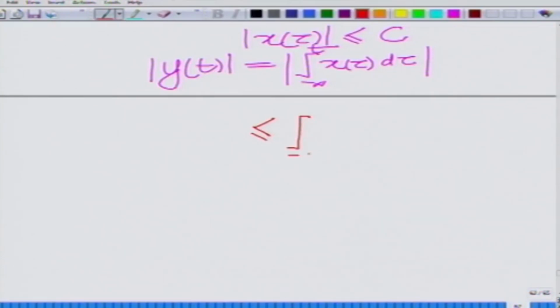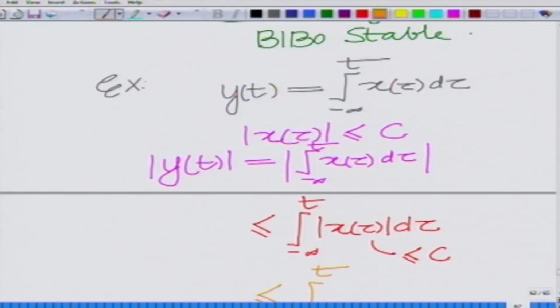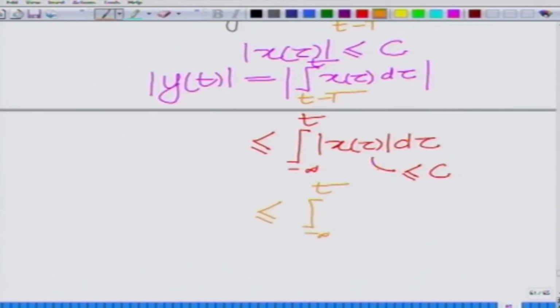less than or equal to the integral of magnitude x tau d tau, but we know magnitude x tau is less than or equal to c, because we have a bounded input. This implies this integral is less than or equal to, let us make this an integral from t minus T rather than minus infinity, because as you can see from minus infinity to t there is going to be a problem.